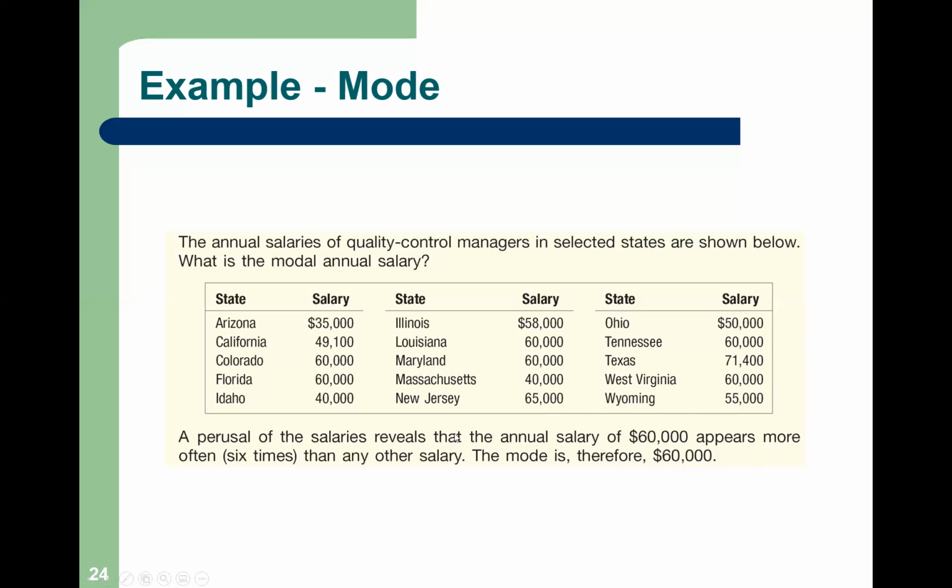Therefore, the modal value for this data set is 60,000 because it is repeating most often.